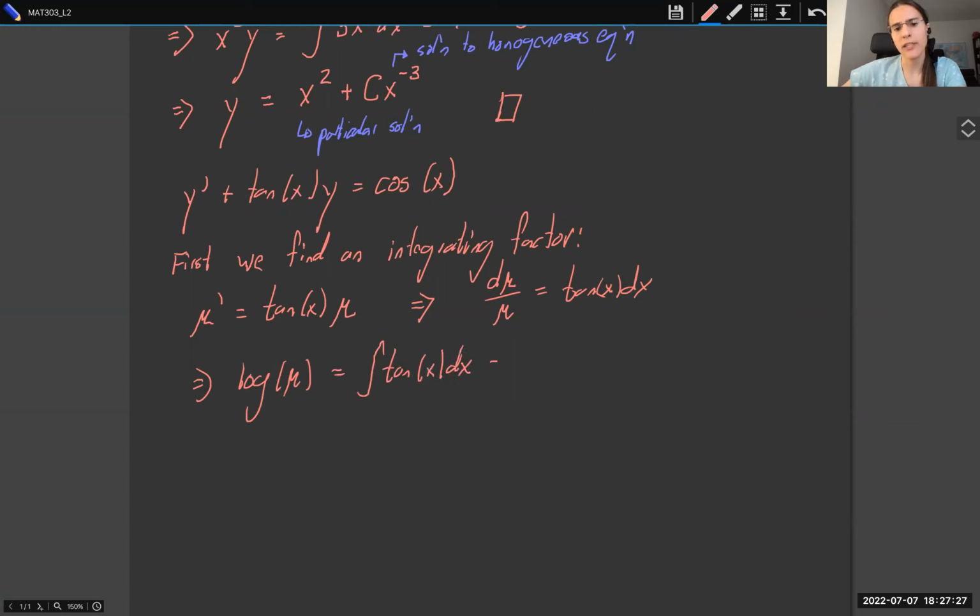Now, how am I going to rewrite tan? Sine over cosine. Good. And remember that cosine of 0 is 1, and tan is defined at 0. So it has to be cos on the bottom, not the thing that's 0 at 0.